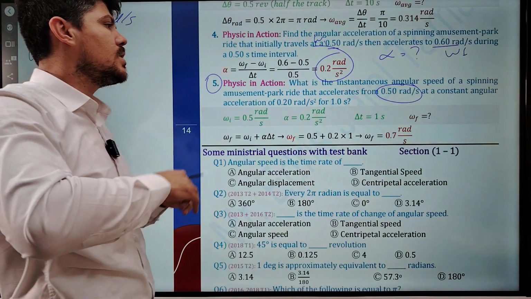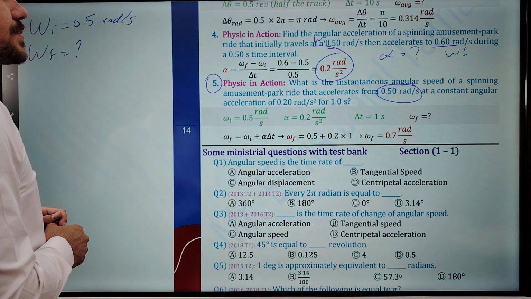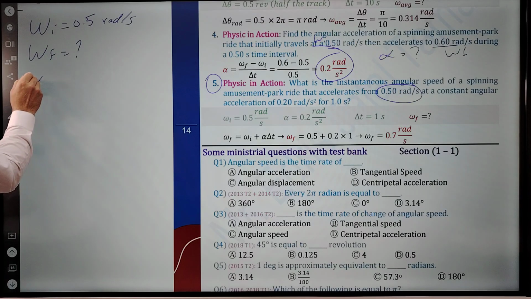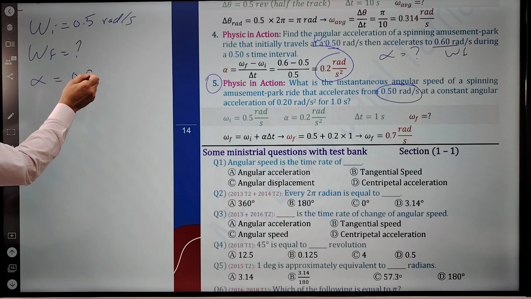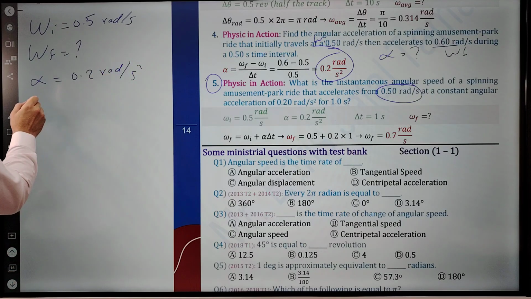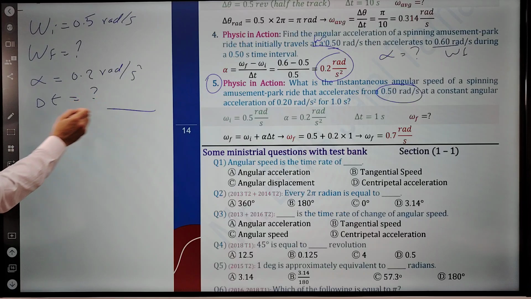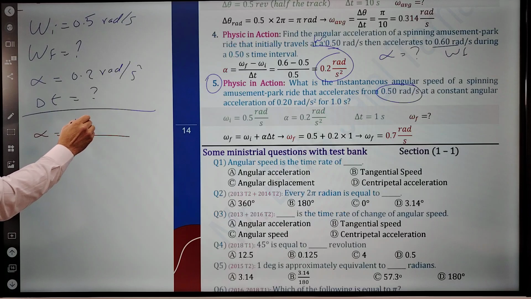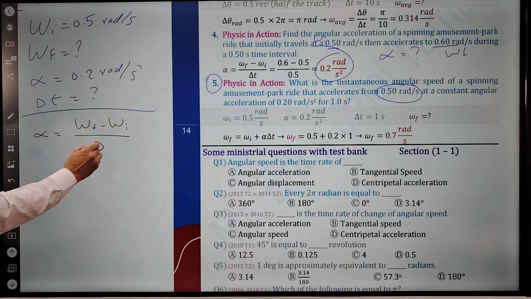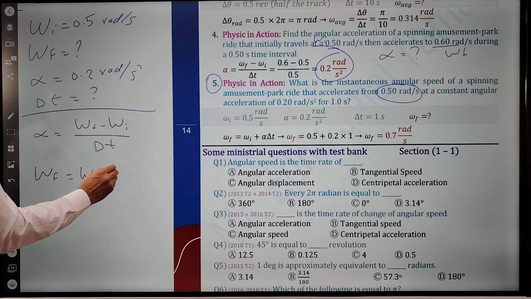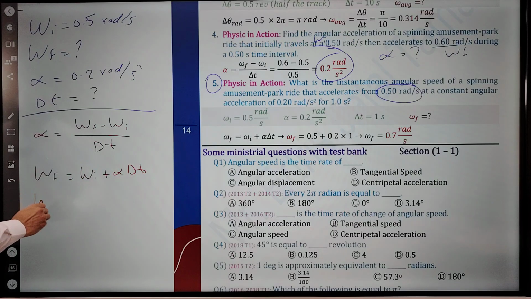What is unknown in this question? Omega final. At constant angular acceleration, alpha is 0.2 rad per second squared in 1 second. Because alpha is equal to omega final minus omega initial over t, cross multiply: omega final is equal to omega initial plus alpha t.